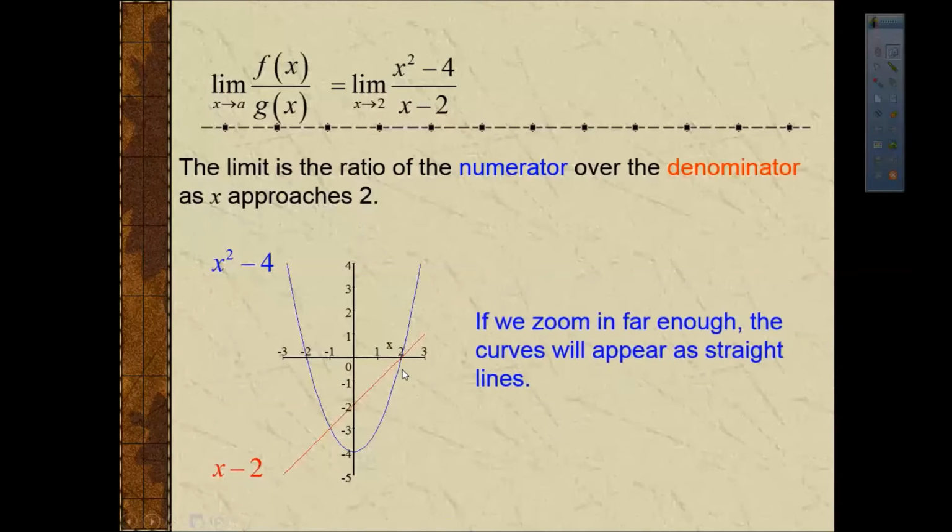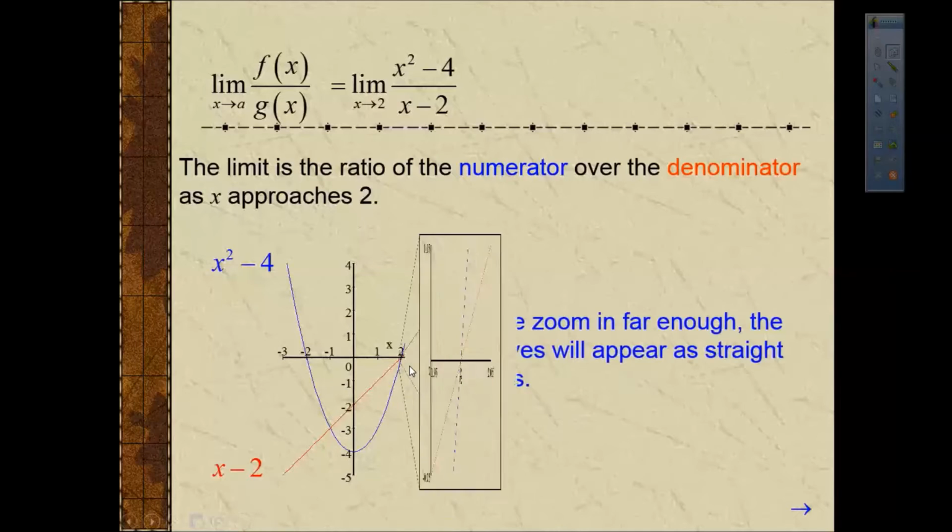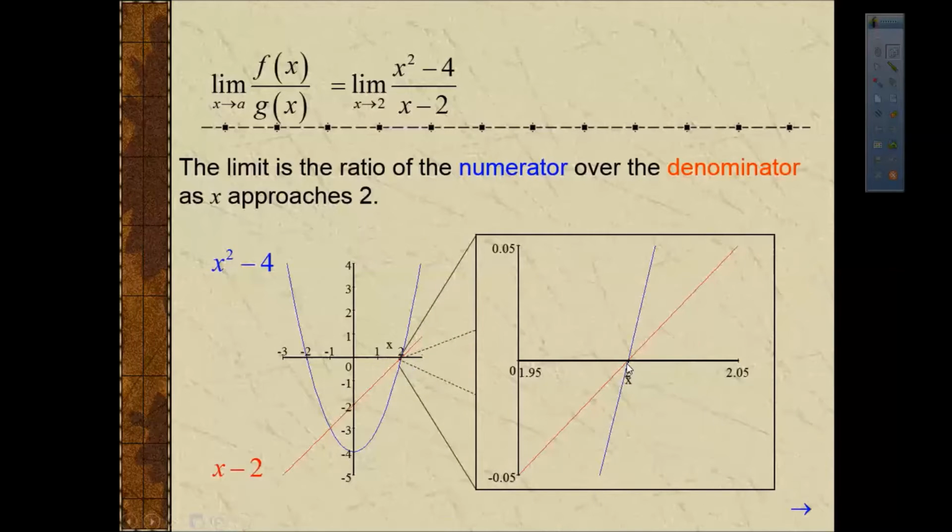If we were to zoom in, these curves, even the blue curve, would appear almost like a straight line. And we know from calculus that with straight lines, we can approximate their rate of change with a very small change, what we call the differential.